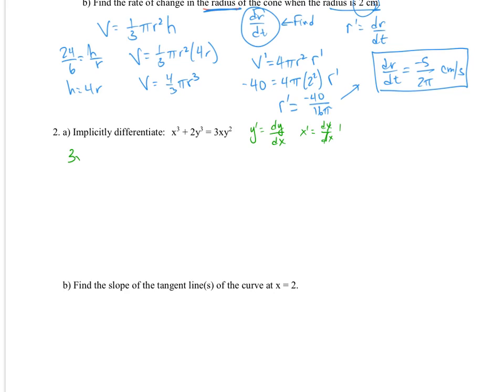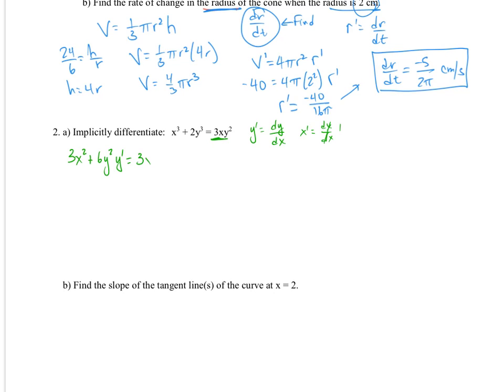So this becomes 3x squared dx/dx, right? But that goes away, plus 6y squared dy/dx, so we'll put the y prime, equaling, now here I've got to use a product rule, and I'm going to say that this 3x is the first one.